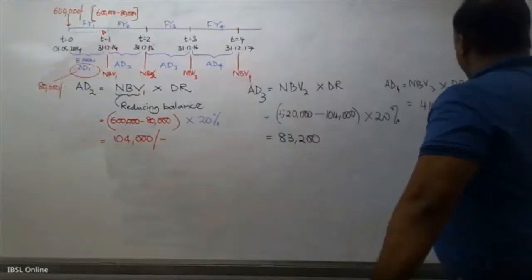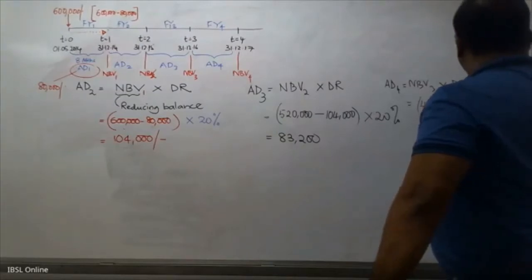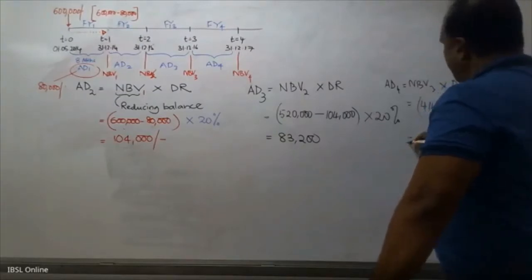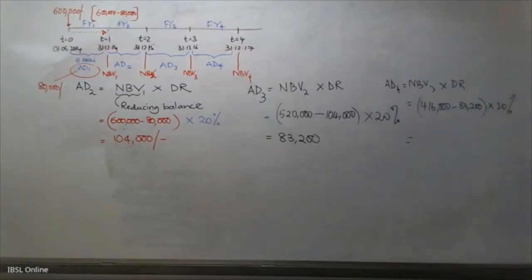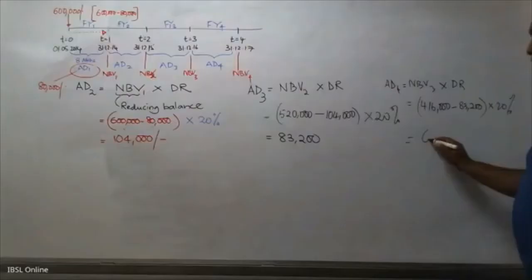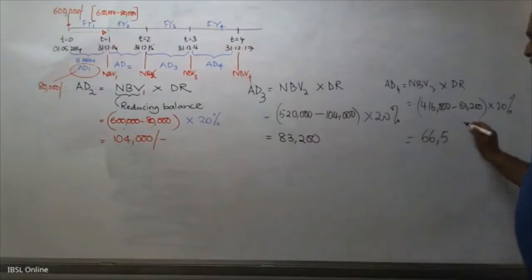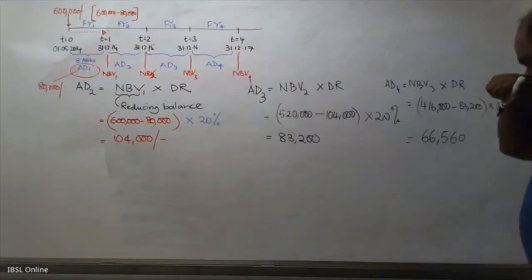Minus 83,200 into 20%. How much is that? 66,560. 66,560. 16 or 60? 60, sir. Right.